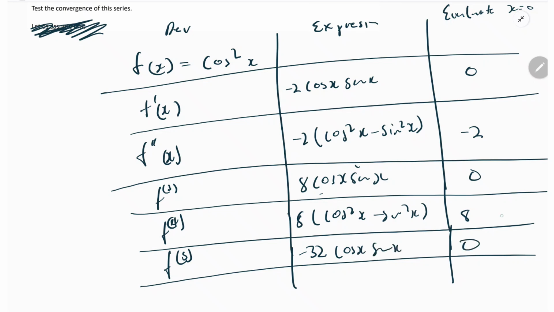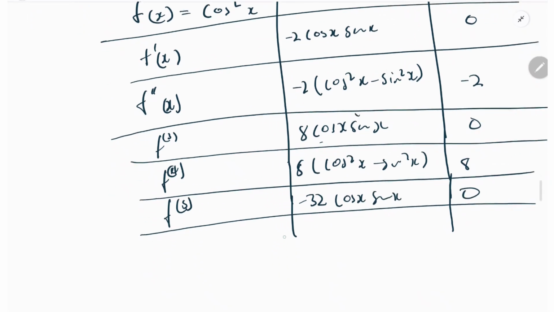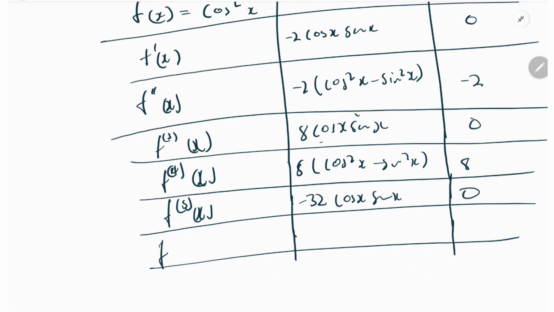If I evaluate, I'll get 0. Remember, evaluating at 0. Then I'm going to do the sixth derivative. The expression is going to be negative 32 times cos squared x minus sine squared x, of which you see the pattern by now, negative 32.